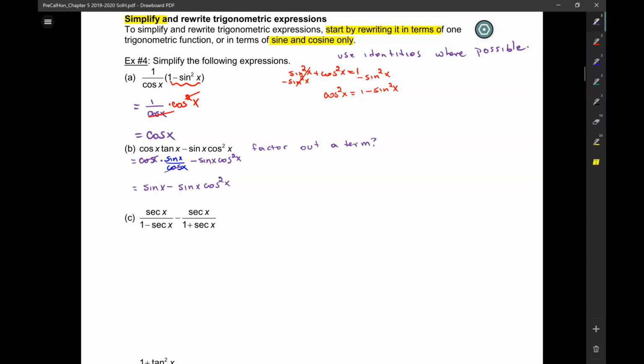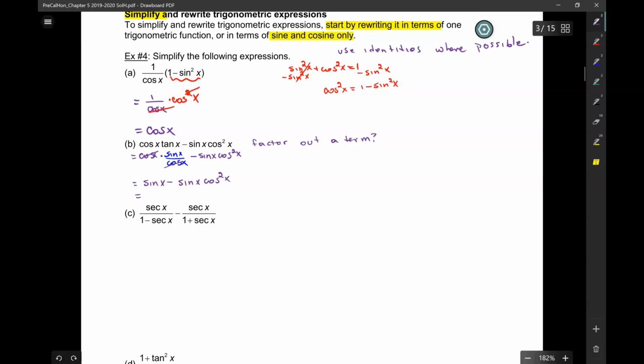Now can I factor out a term? Yeah, I can factor out a sine x. Wouldn't it be just cosine x instead of cosine squared x? No, because I never changed the cosine squared x from up here. So when we factor out from the first one, I get 1 minus cosine squared x.